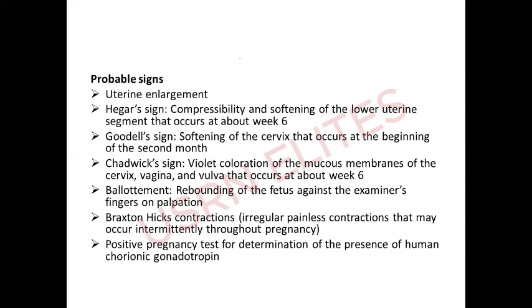And it is only the ultrasound that will tell the healthcare provider that yes, indeed, the woman is pregnant. So understand that if a woman goes to do a pregnancy test and it comes out positive, it falls under probable sign, but it is not a positive sign of pregnancy.